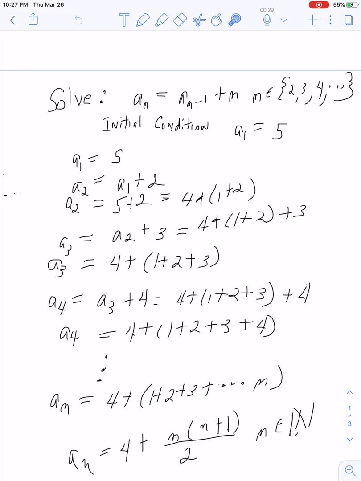Now, this is not solved yet because I have ellipses there. And to have a formula, you need a formula without ellipses. Well, it's easy enough for me to turn 1 plus 2 plus 3 plus ... plus n into my back pocket formula, n times n plus 1 divided by 2.